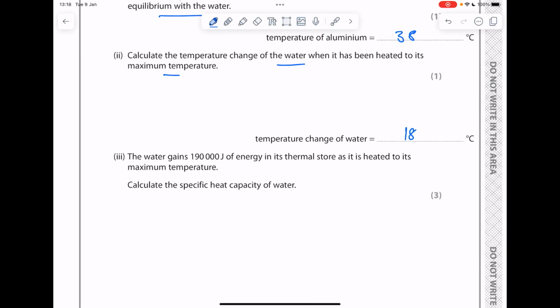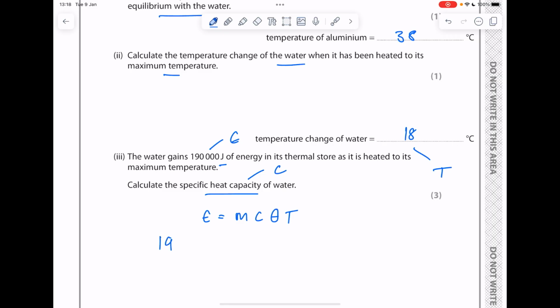The water gains 190,000 joules of energy in its thermal store. Calculate the specific heat. So E equals mc delta T. So we're after C, the specific heat capacity. Here's our energy. There's our temperature change.